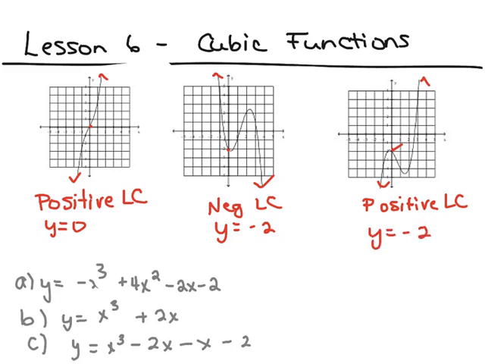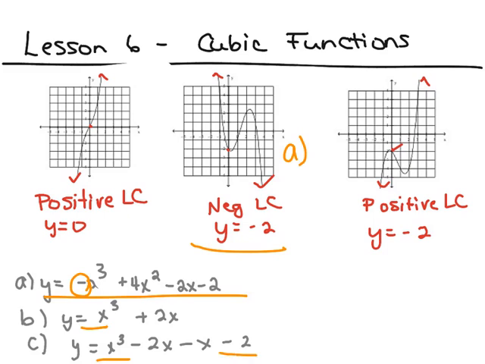So now what we're going to do is match. Because this one is negative, the only one that has a negative leading coefficient is A, because there's a negative in front of the x cubed. So this graph is A. These ones both have a positive leading coefficient, so now we have to determine it by the y-intercept.